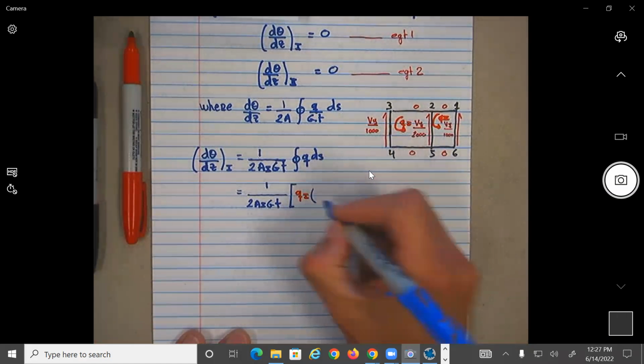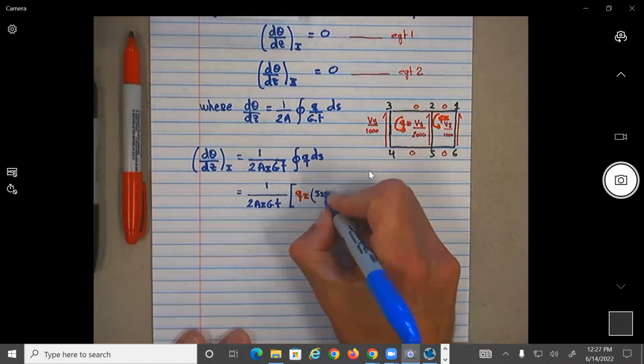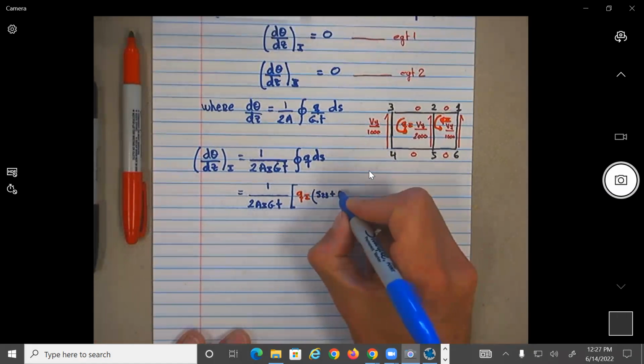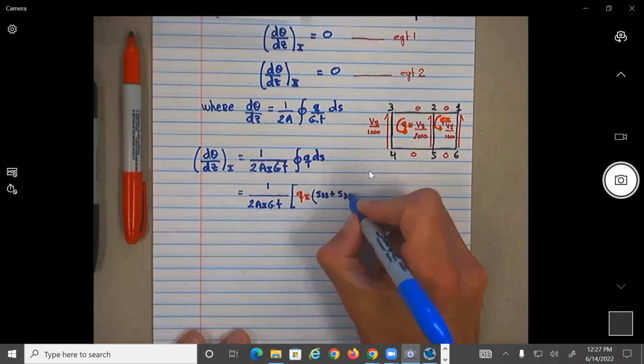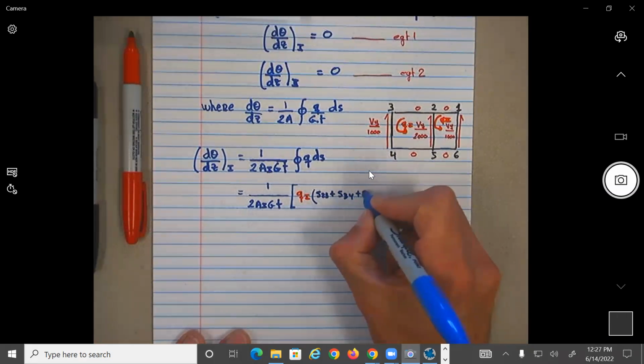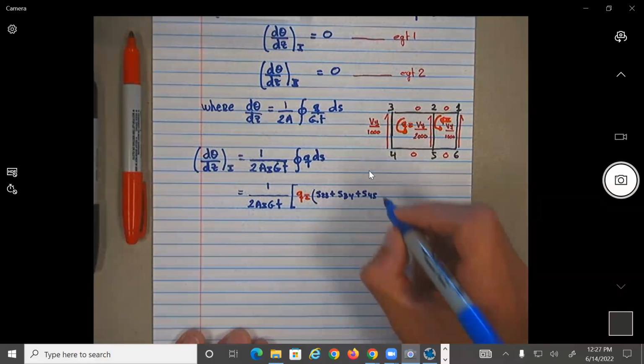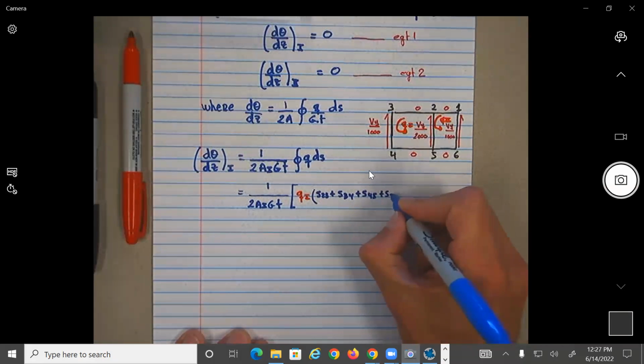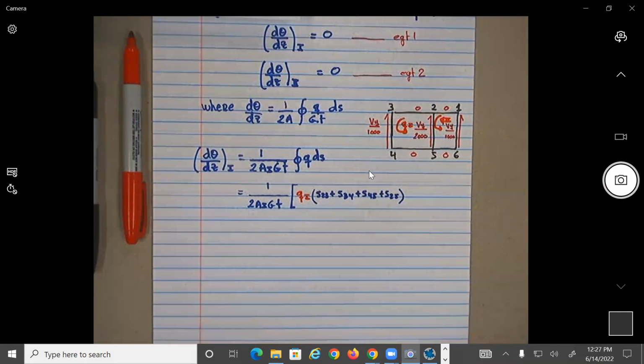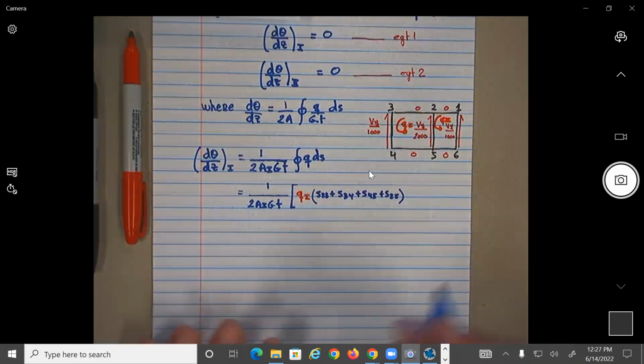Should be S23 plus S34 plus S45 plus S25. Okay? I'd rather do it this way. It's a lot less confusing.